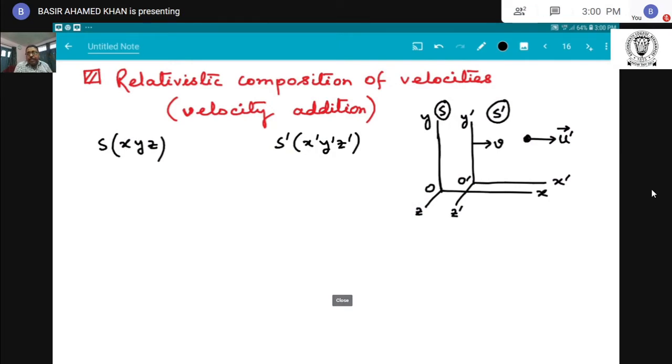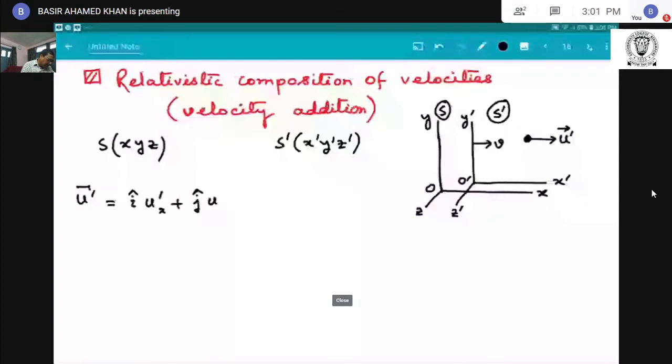S dash frame is moving with a positive velocity v along the positive x direction, and I consider a particle moving with velocity u prime with respect to S dash frame. Therefore u dash equals i u x prime plus j u y prime plus k u z prime.